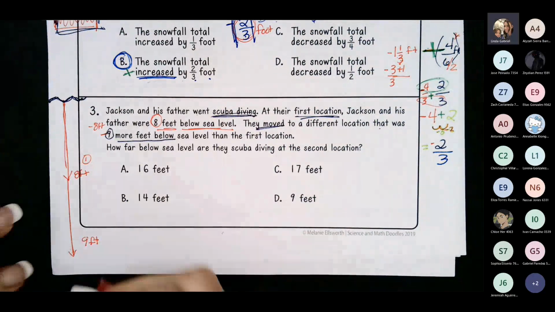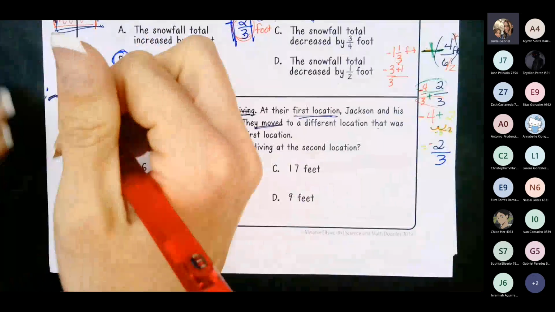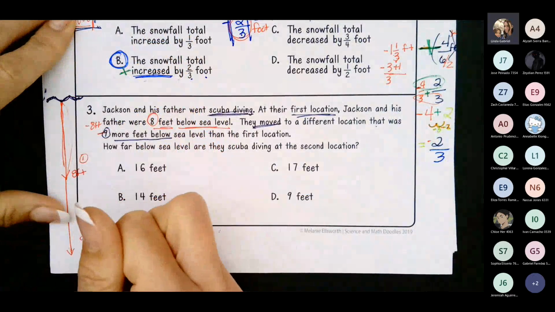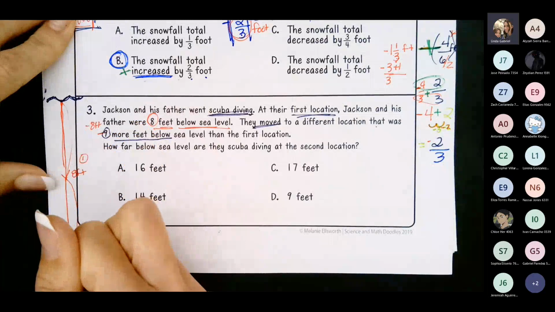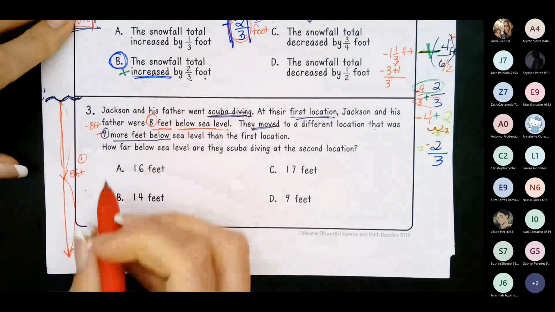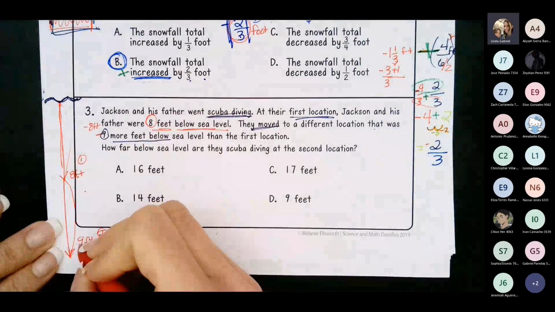Okay. If I went 9 more feet, right? I have 8 feet that I went down. My second location, I went 9 more feet down, meaning I added value to my negative side, right?